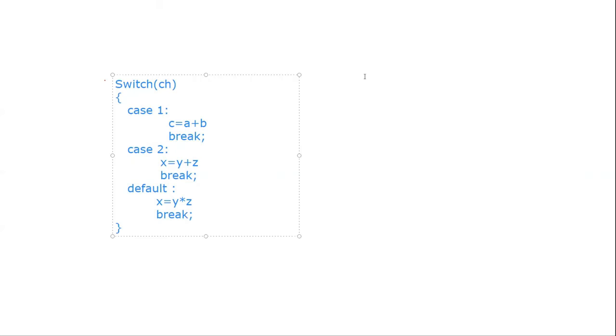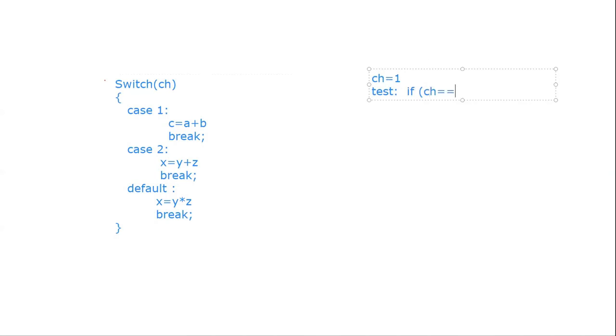Now we need to make the 3 address code for this switch statement. So suppose CH = 1 is a choice value. Now how are we going to write the 3 address code for this? So first of all, we'll make a label test. In the test label, we'll write all the conditions which are made on the CH variable.